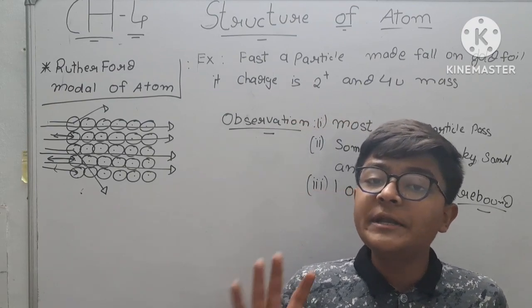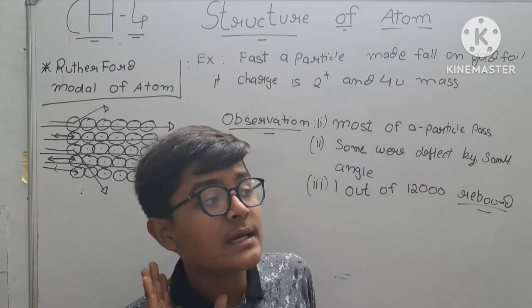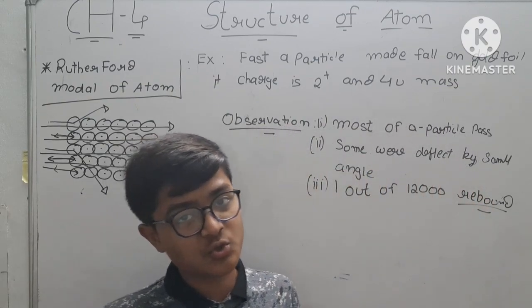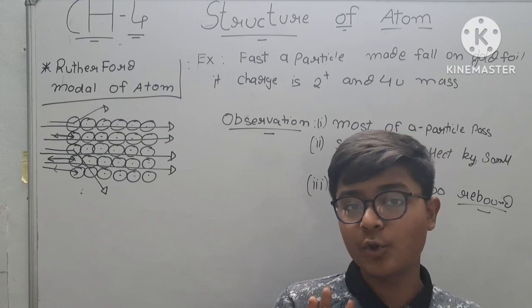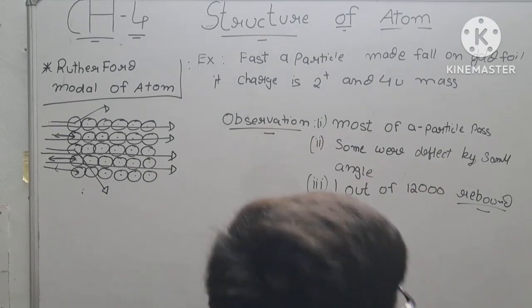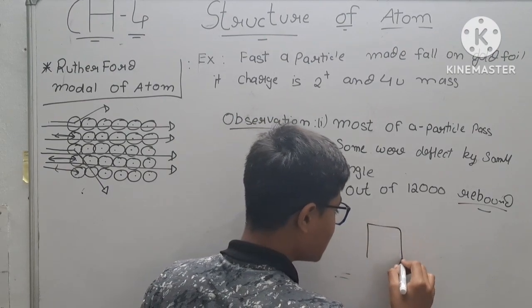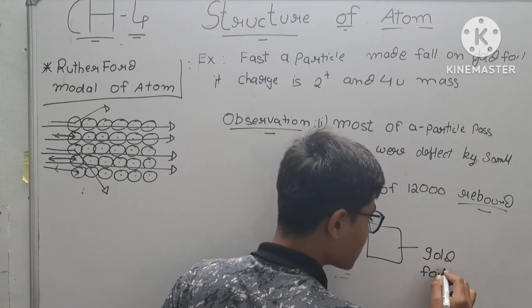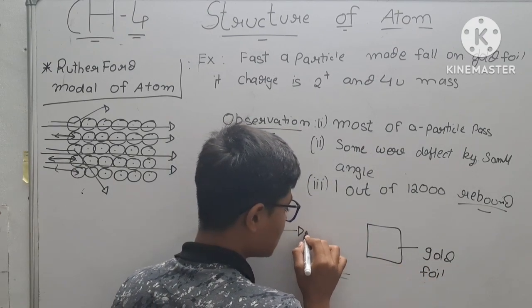So he took gold and alpha particles. Alpha particles have a charge of +2 and a mass of 4u. They were made to fall on the gold foil like this. This is the gold foil, and these are alpha particles.